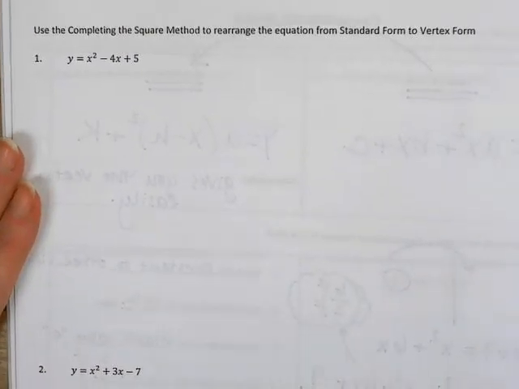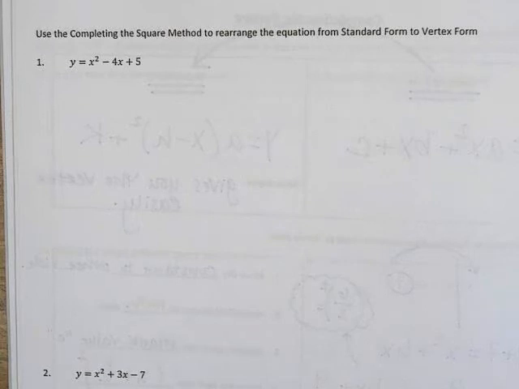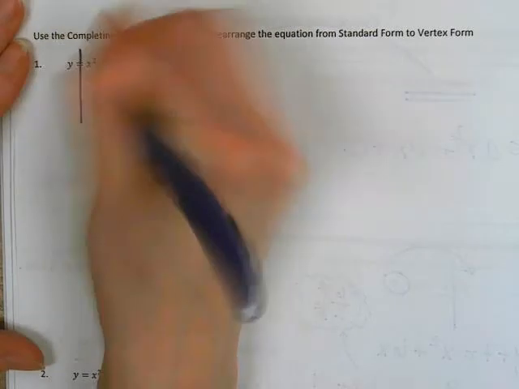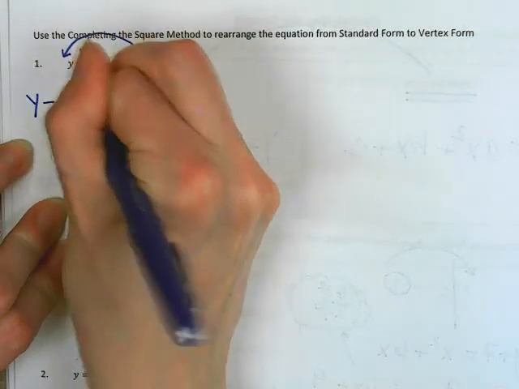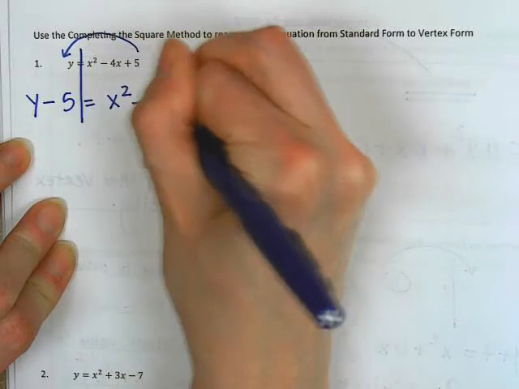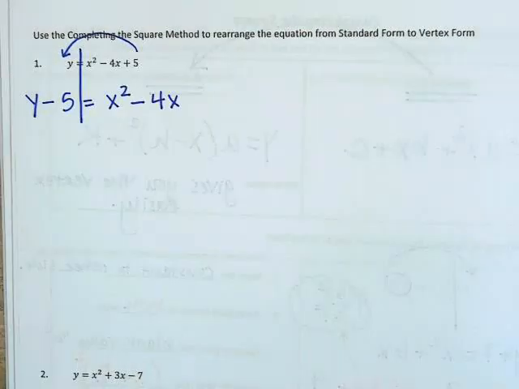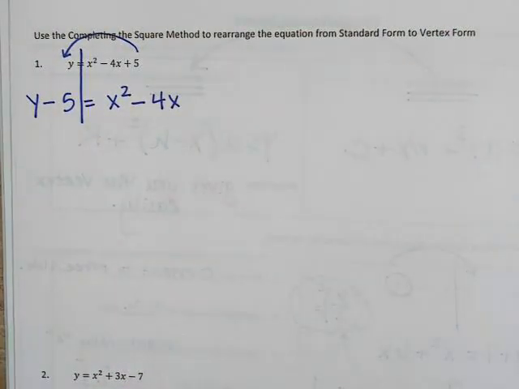Okay, number 1. First step, bring the constant to the other side. So now it's y minus 5 equals x squared minus 4x.